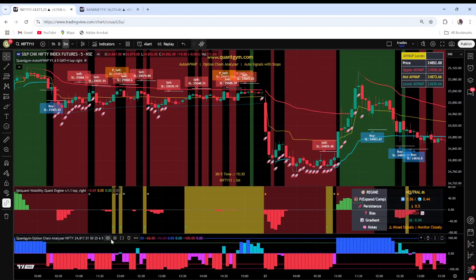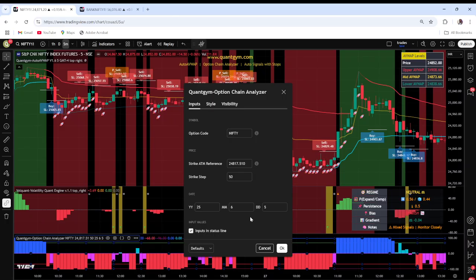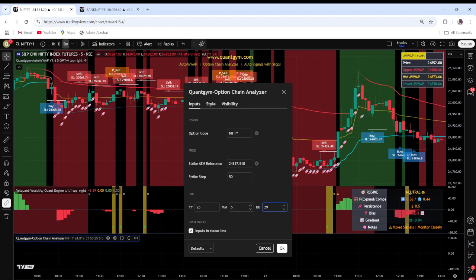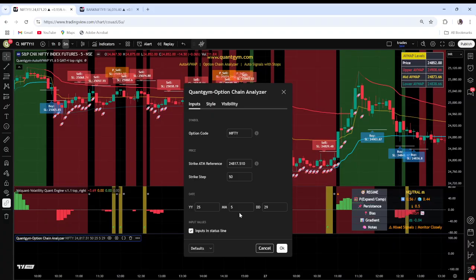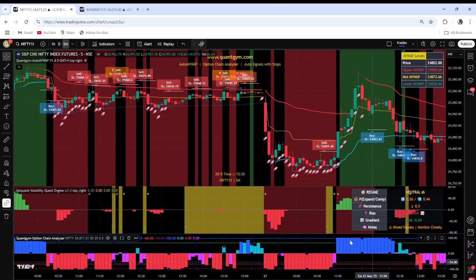For example, if I do this, month is 5 and this is 29, which was the monthly expiry, you won't see any graph out here because the data is non-existent. So we go to 6, we go to 5, which is the current weekly expiry, and this works as a substitute.